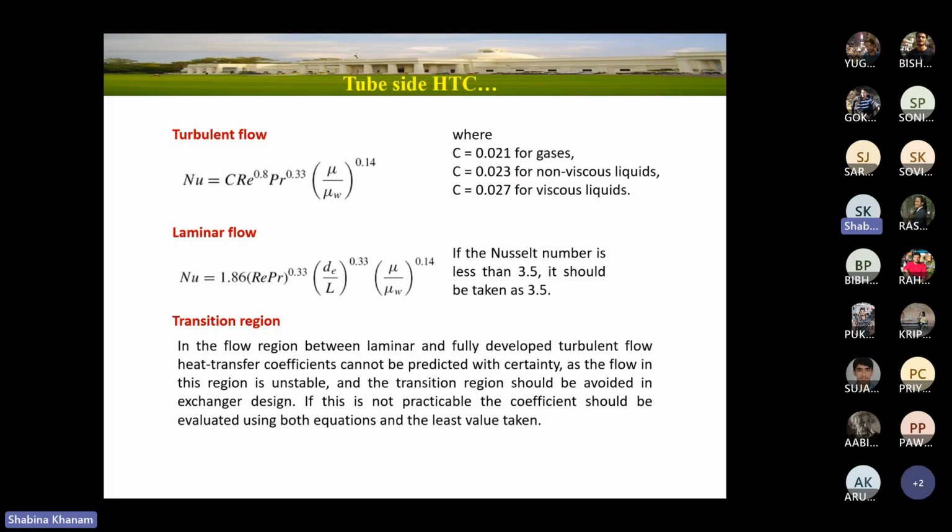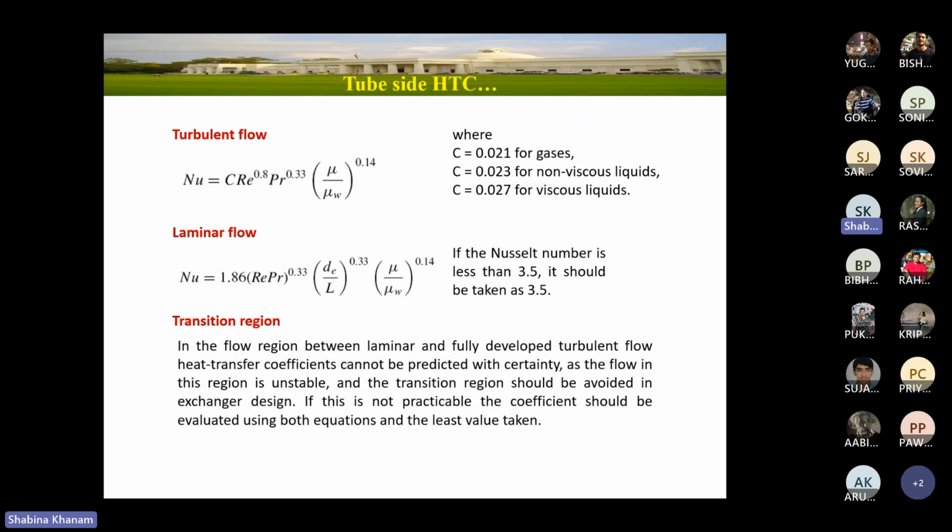If you start computing this tube side heat transfer coefficient, first of all you need to find the velocity, because you need to calculate the Reynolds number. The Prandtl number and properties are already with you. So for the Reynolds number, you need to find the velocity.